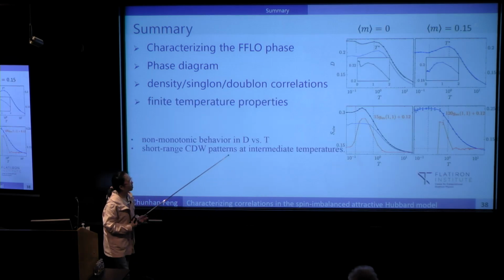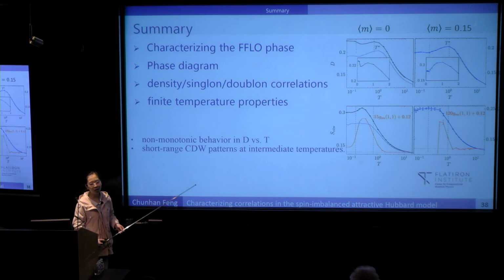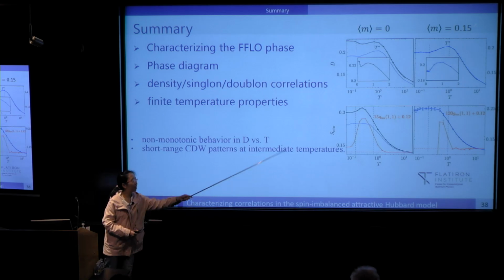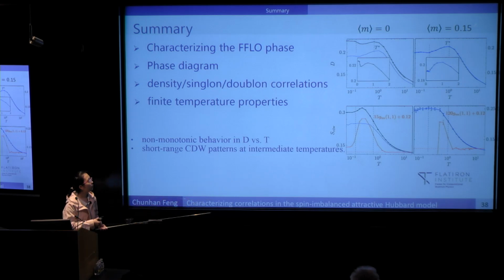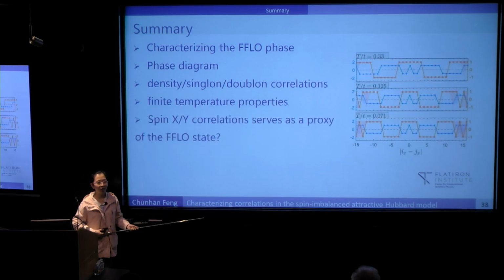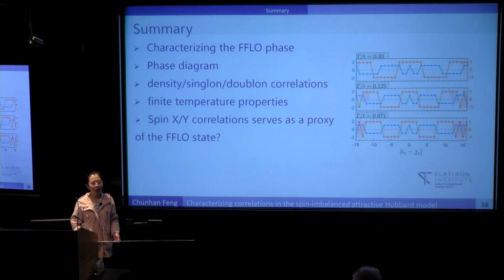Later, we also discussed some finite temperature properties of such a system. For example, there is a non-monotonic behavior in the double occupancy, and there are also some short-range CDW patterns at intermediate temperatures, basically in the pseudo-gap regime. Finally, we showed there is a close connection between the spin X correlations and the FFLO order, and we probably can use it as a proxy to detect the FFLO order.